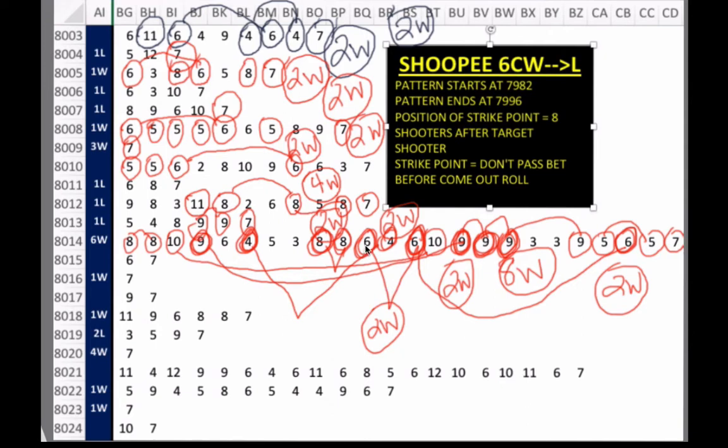Alright, so let's see, we got that. And if you're trying to wonder if this is the start of a win series, all you have to do is look at the number preceding it, which is a 6. And if that number matches up to another one, which it does here, wait a minute, then that's not the beginning.